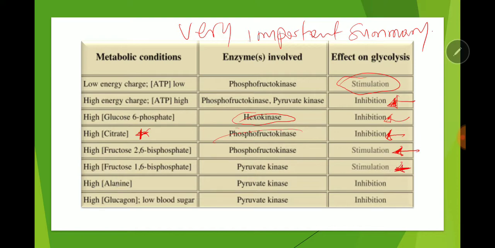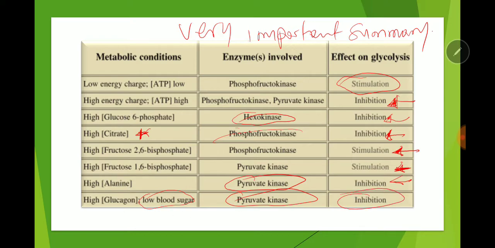High alanine, we talked about how high alanine is going to inhibit pyruvate kinase, so glycolysis is inhibited. And if you have high glucagon, it means your sugar is low, so you are going to break down whatever storage glycogen that you have. So pyruvate kinase is inhibited.